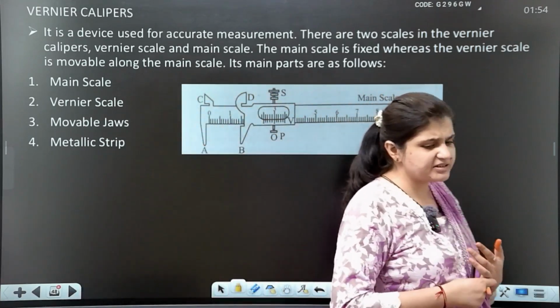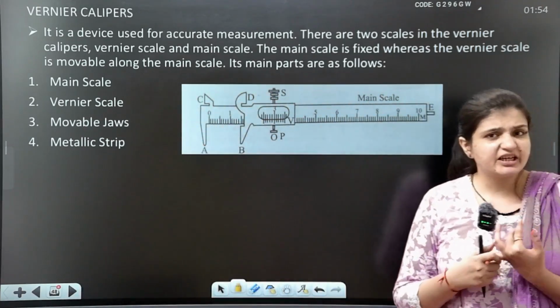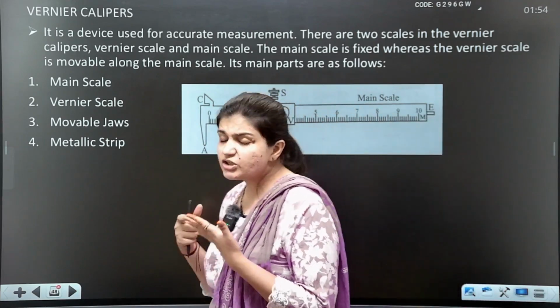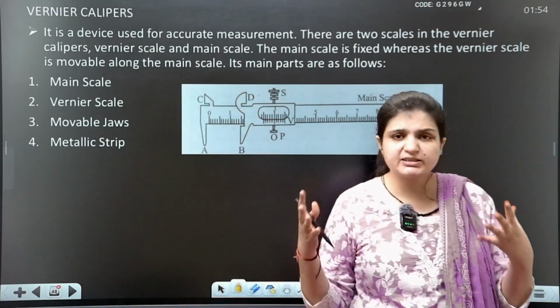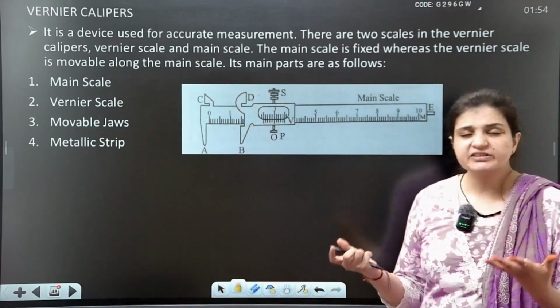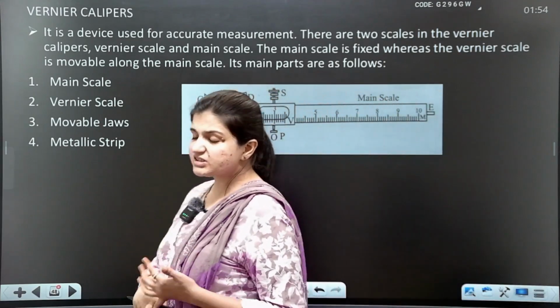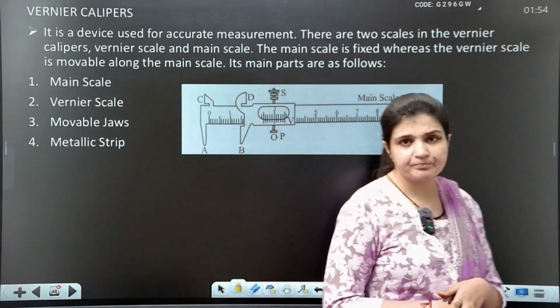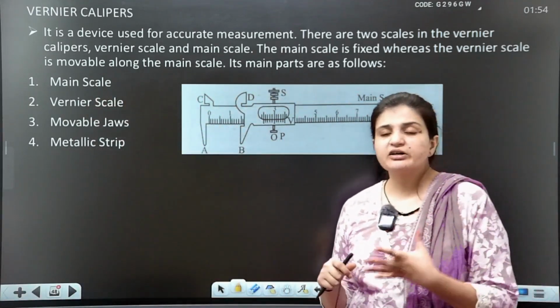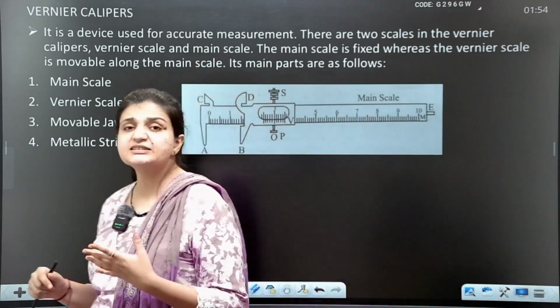So what we have studied about errors: we have gone through the various concepts of errors. When we are doing an experiment, we have several types of errors in it, like the systematic error, the random error, and the gross error. Then we talked about significant digits.